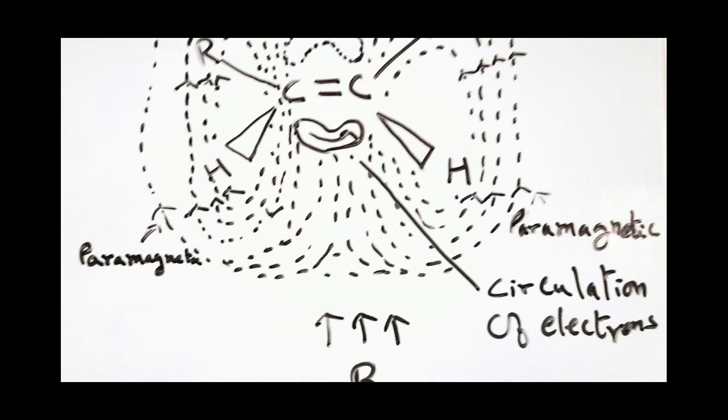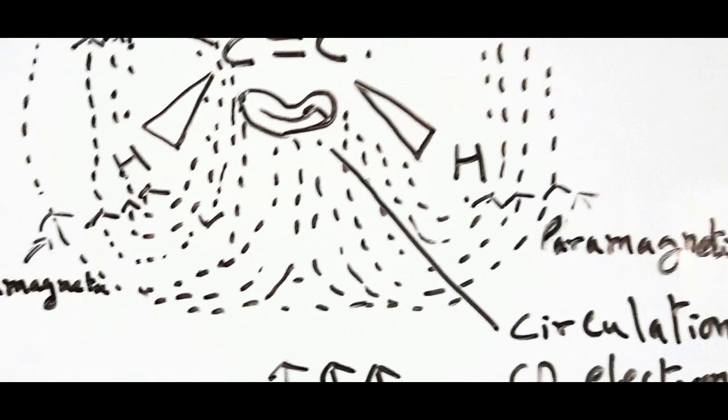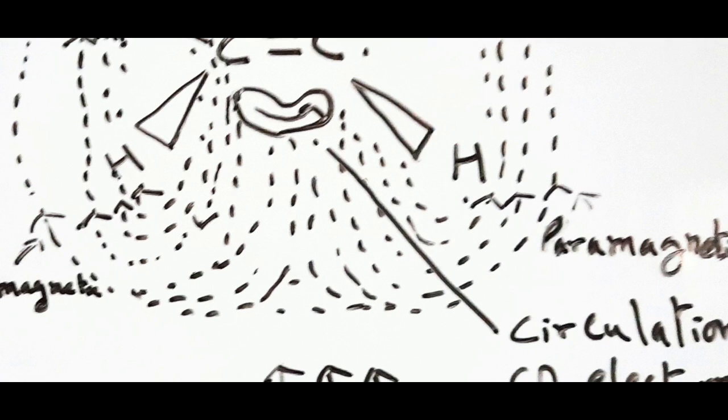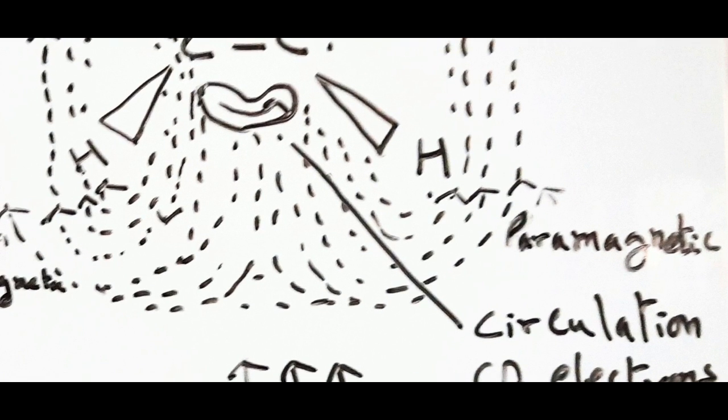If it is opposing, then it is a diamagnetic field, where the arrows are up and down. Whereas here the arrows are parallel. That means it is a paramagnetic state. So the protons are exhibiting a paramagnetic state, which is another word used for describing the de-shielding effect.